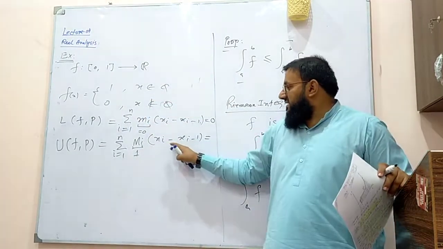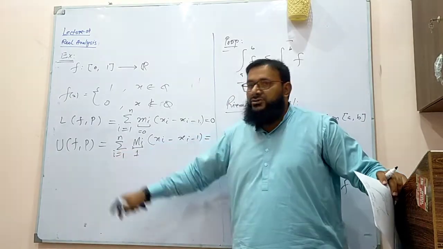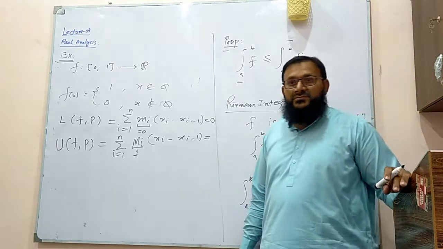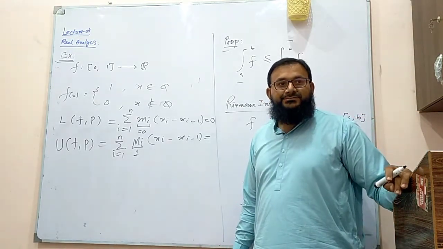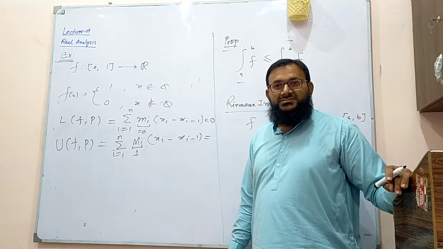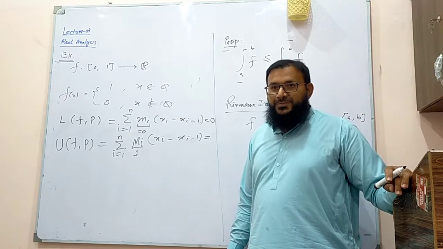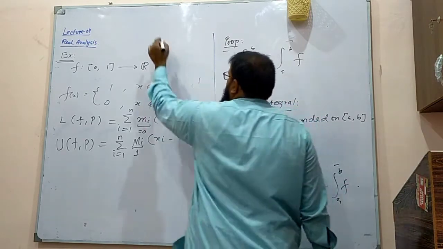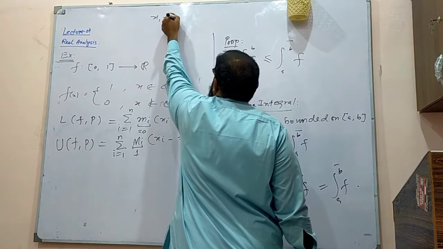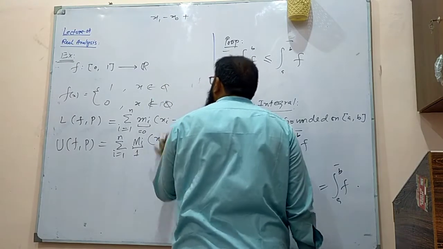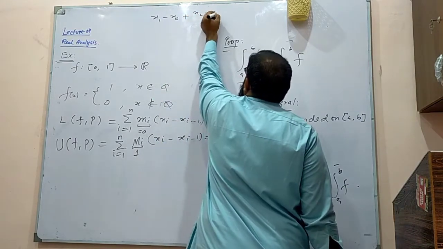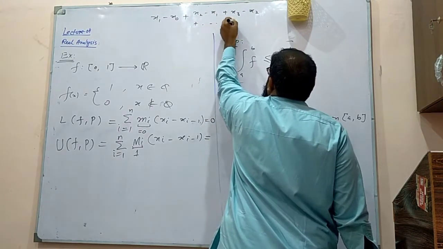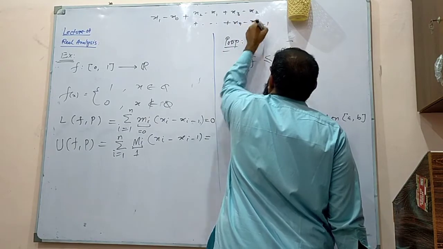The sum of x_i minus x_{i-1} when i runs from 1 to n is called, I think, a telescopic sum. You know that thing? Telescopic sum. You put i equal to 1, what happens? You get x1 minus x0. You put i equal to 2, x2 minus x1, x3 minus x2, and so on up to xn minus x_{n-1}.